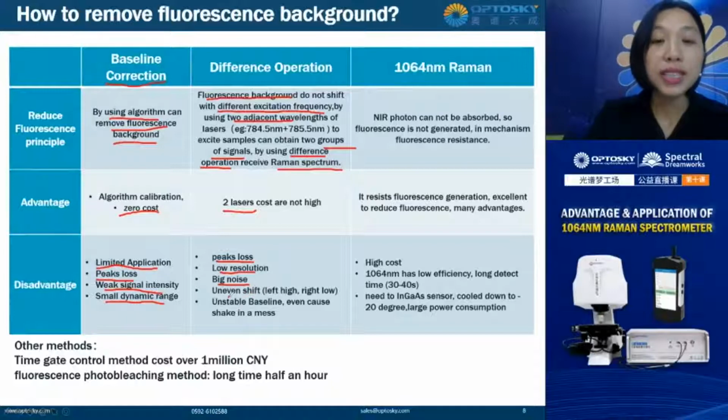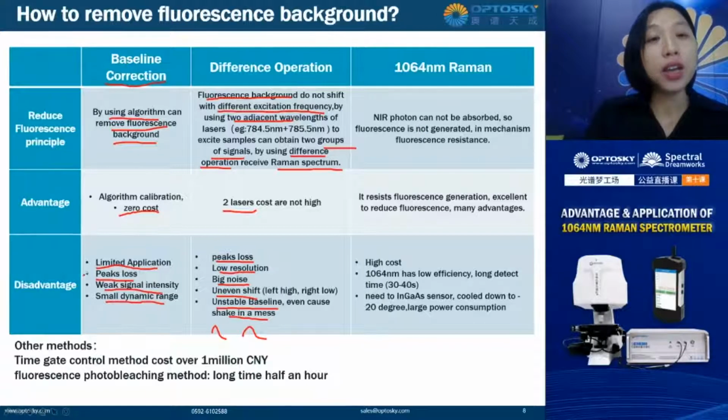And there is also some shift, where the left is short and the right is long. After the difference operation, it becomes this way. So the wavelengths become ugly and even shift, and after subtraction, the baseline becomes unstable and even shakes in this method.